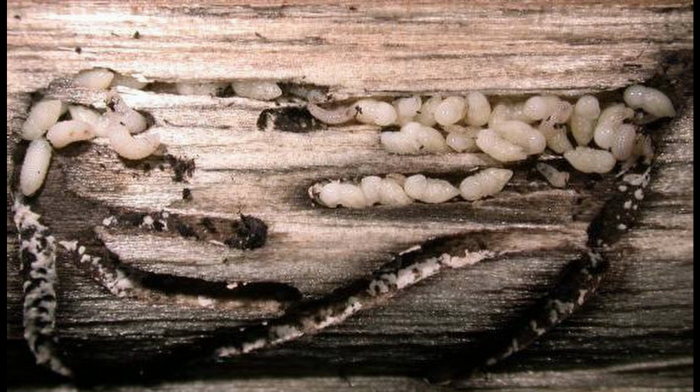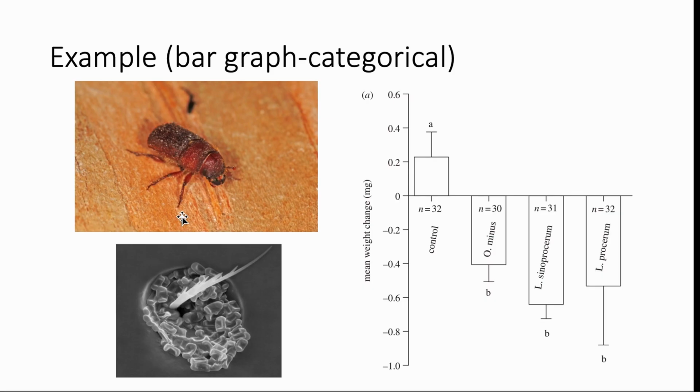On the head of these beetles, they have these structures called mycangia. And mycangia, if you zoom in with a scanning electron microscope, you see these sunken pits on their head, and there are these tiny little structures. These are not bacteria. These are actually fungal spores.